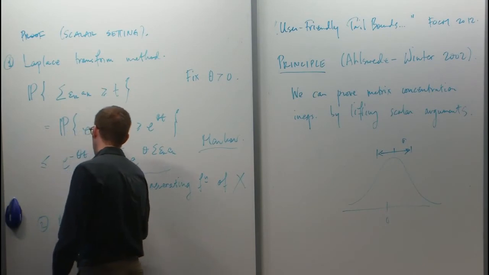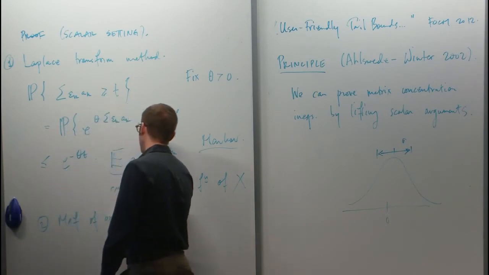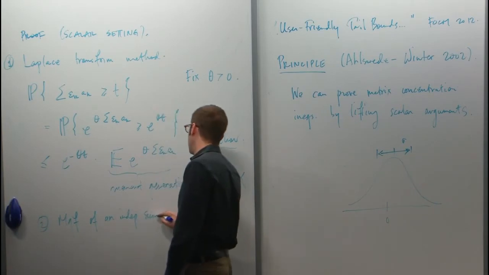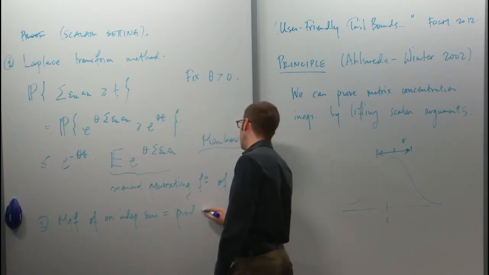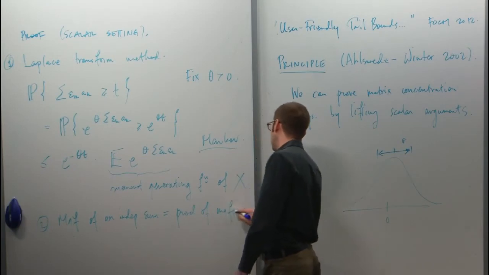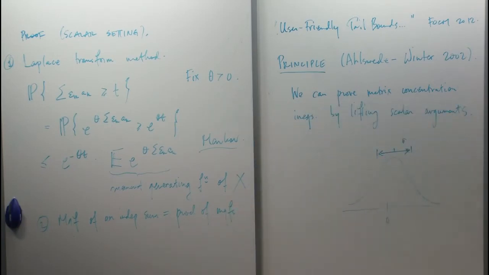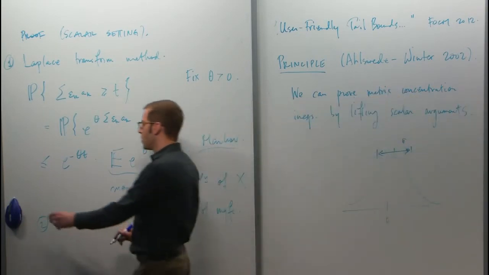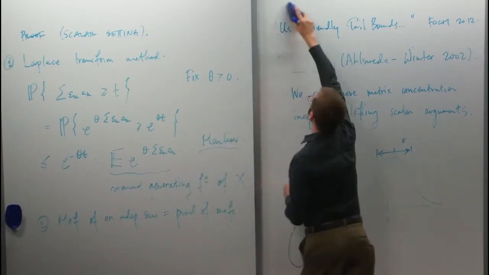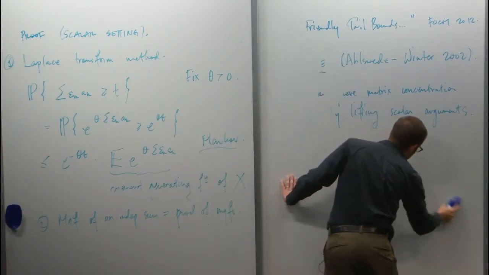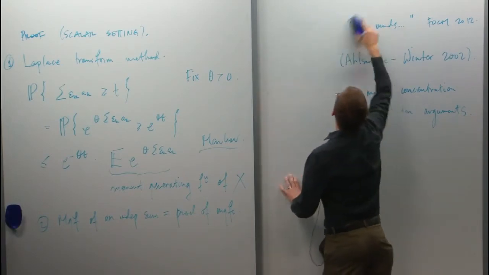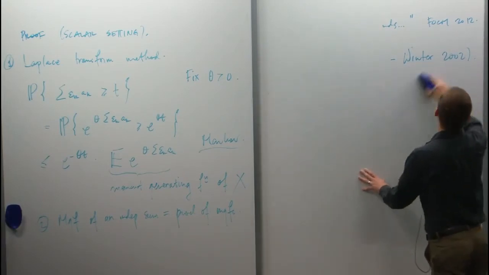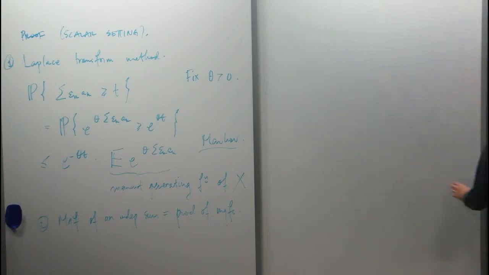So the second step is to show that the MGF of an independent sum equals the product of the MGFs of the summands. So this is really easy because of independence. So what do we do?